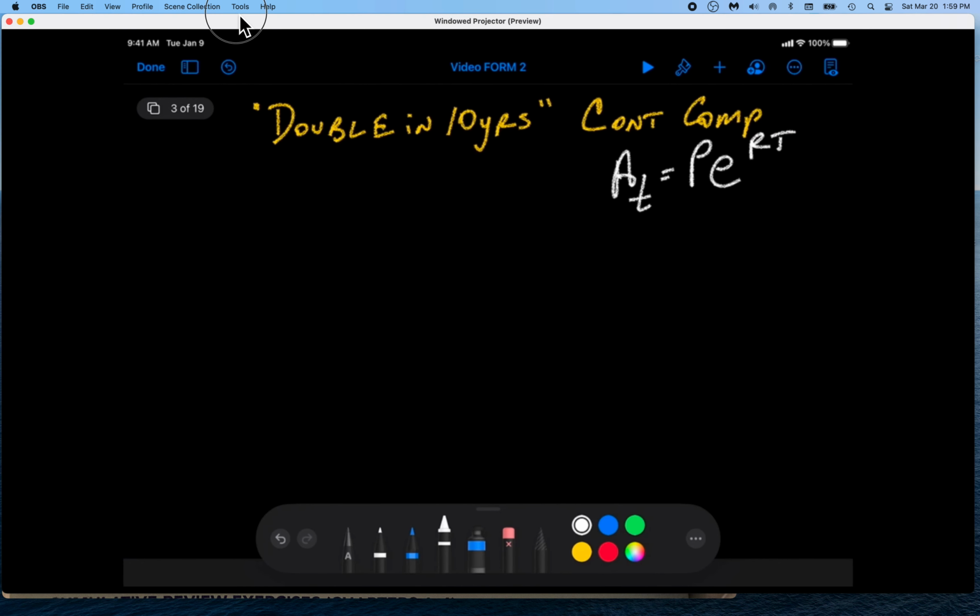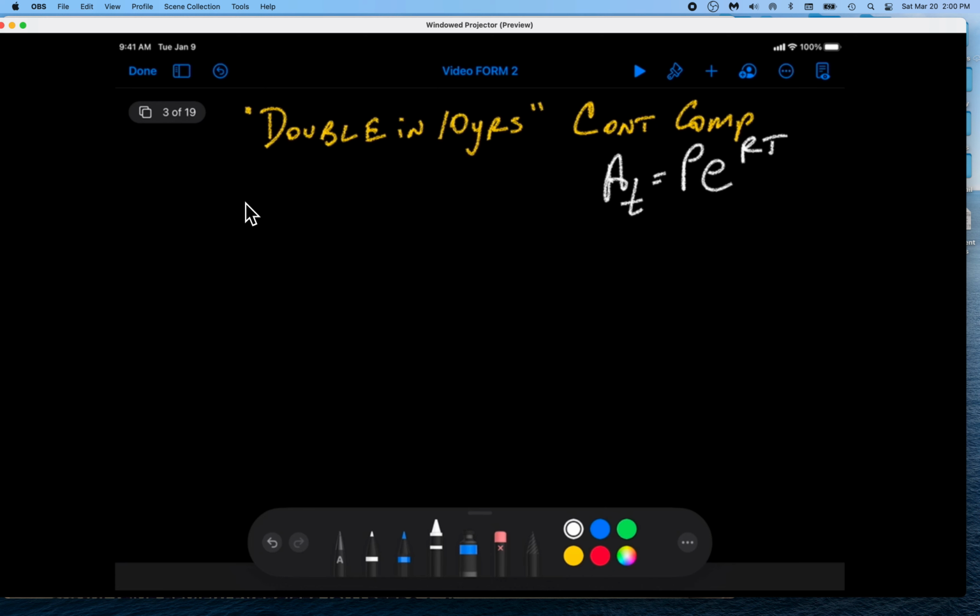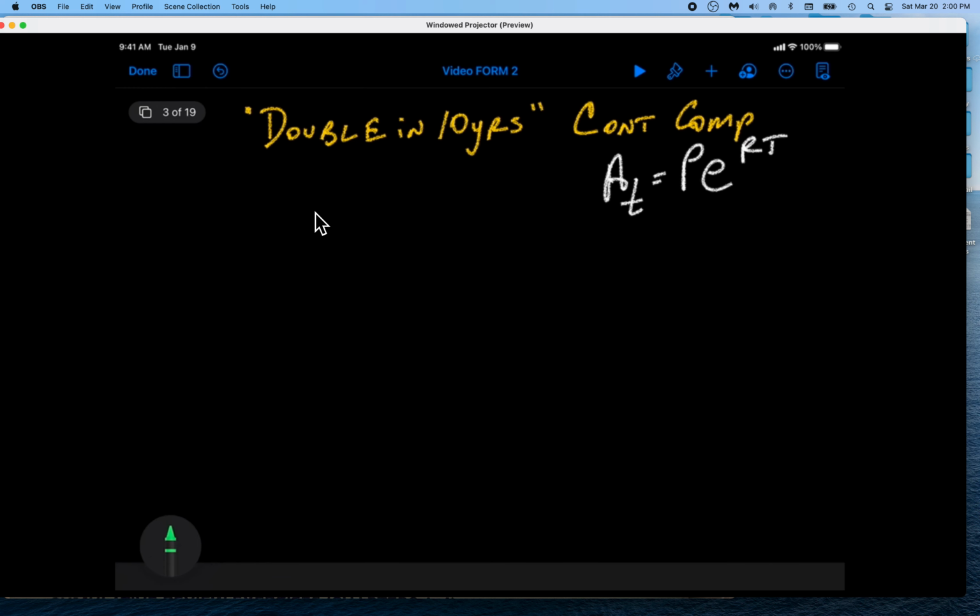Ladies and gentlemen, these three words provide for an incredible amount of information. Huge amount. It's packed with information. Because what does that mean? That means in 10 years, the initial amount is going to double. So when t equals 10, the initial amount, p, is going to go to 2p.